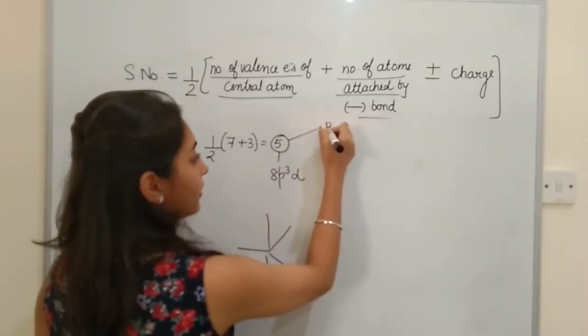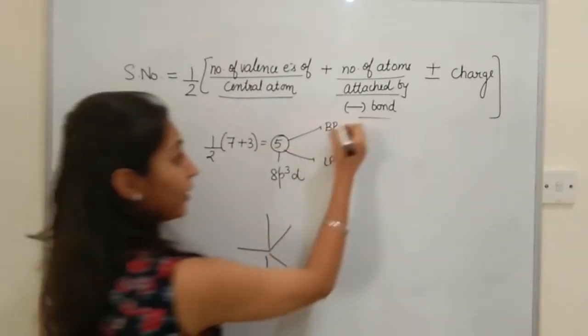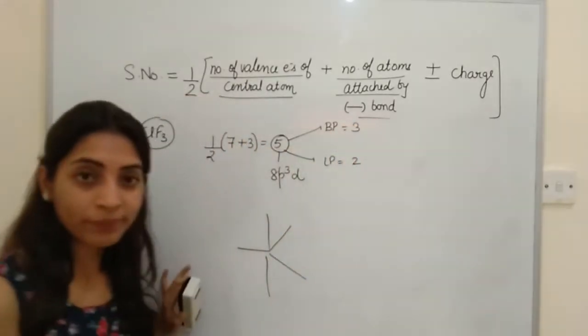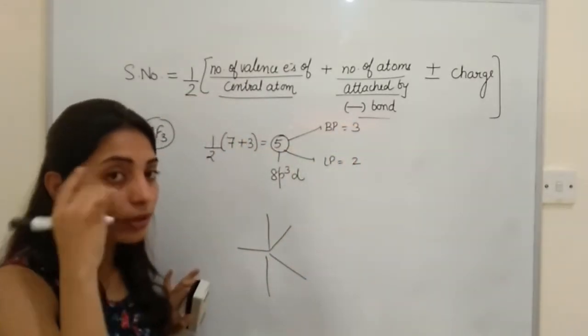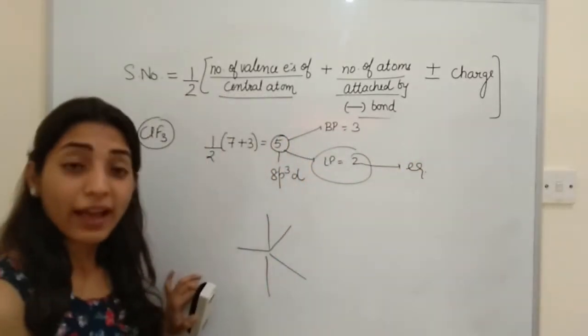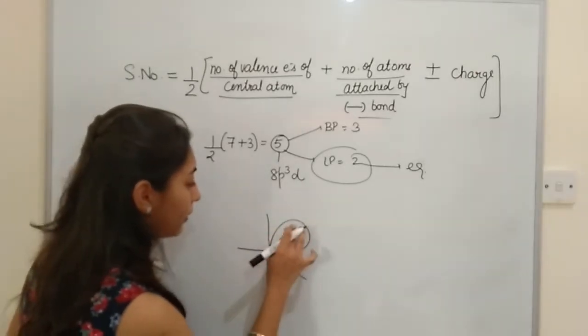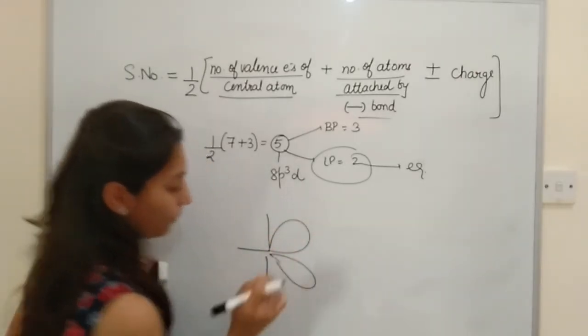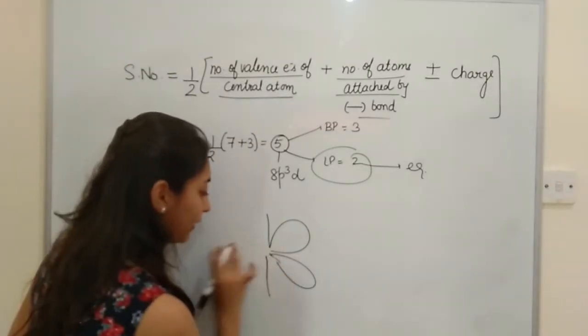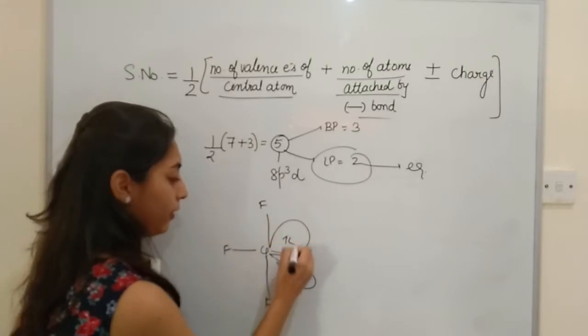Now the question is, how many bond pairs and how many lone pairs? 3 bond pairs are there and 2 lone pairs are there. Understood? Remember Bent's rule. Lone pair goes to only and only equatorial position. And I have to go through 2 equatorial positions, so I'll better write it one here and one here. Understood? One Cl in the center, F, F, F.